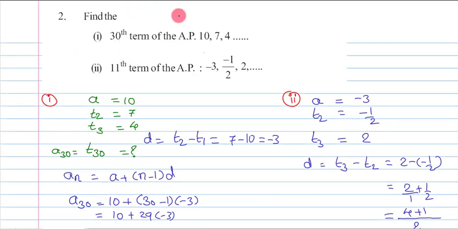In the second bit, they mention: find the 30th term of the AP 10, 7, 4 and so on. In the first question of the second bit, they mention to find the 30th term, that means T30.